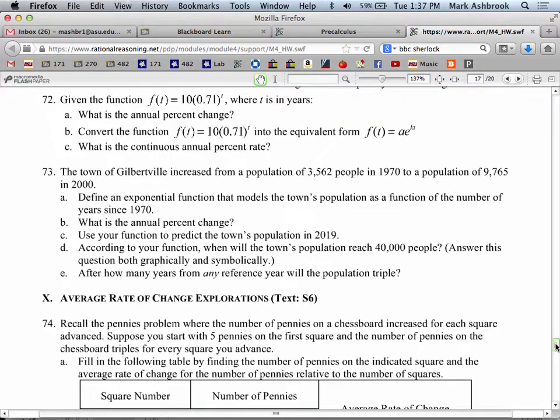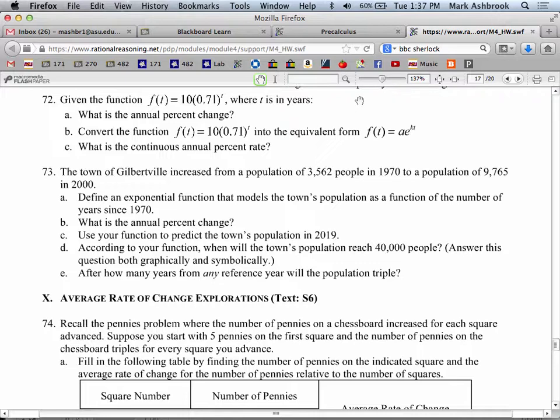Okay, 72. So we have this given function. Is this in our traditional exponential form or our continuous rate form? The old school one we started with, a times b to the t.